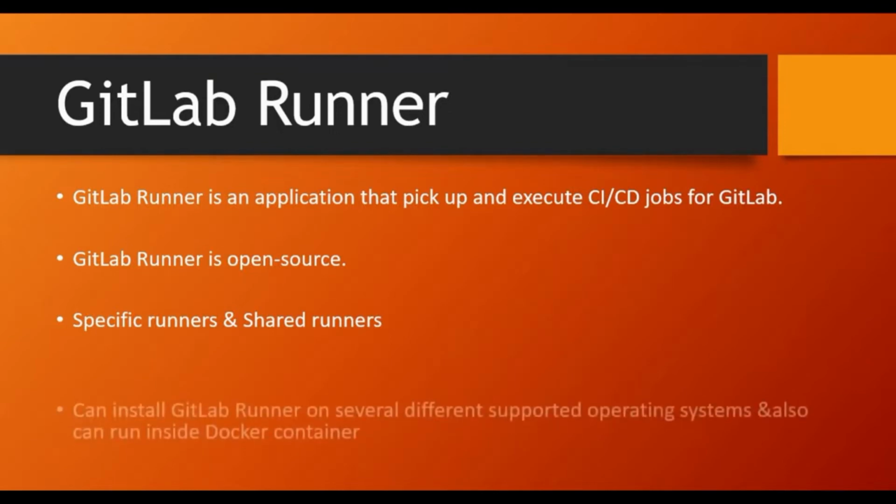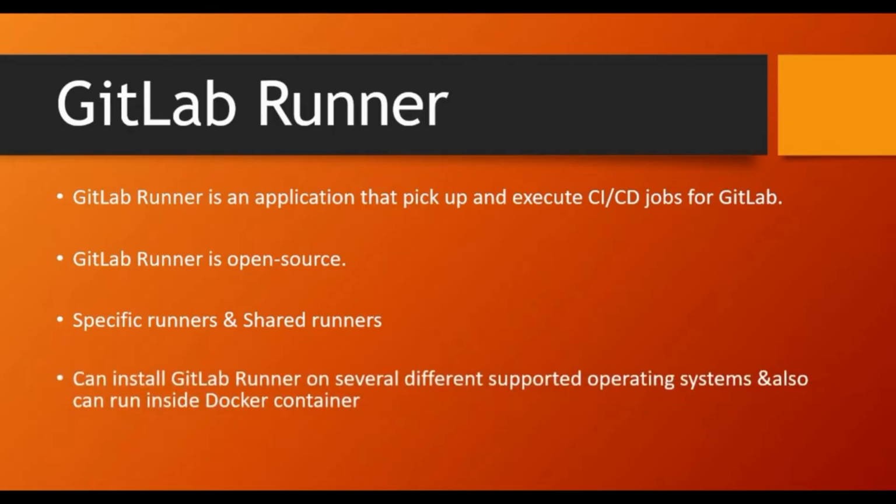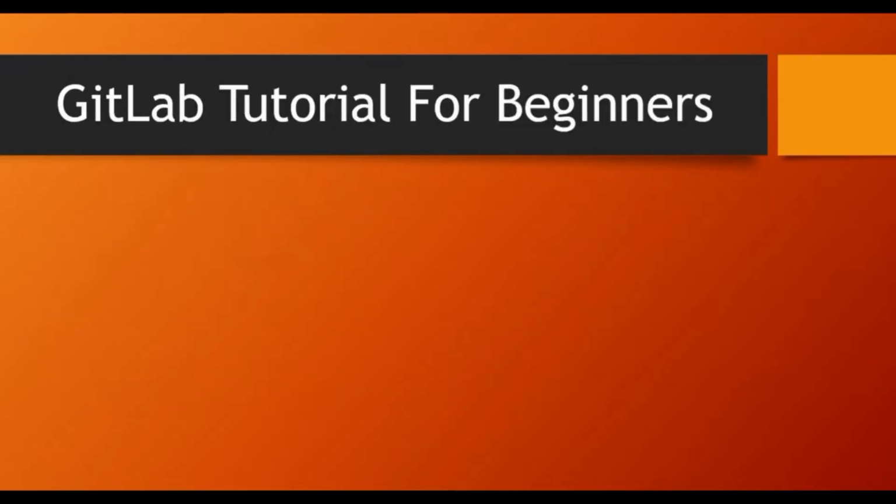You can install GitLab Runner on any kind of operating system, whether Windows or Linux, or it can even run inside a Docker container. That's some basic information on GitLab Runner; we will see more on the GitLab side. Let's move on to some more important information. In this tutorial we will be setting up GitLab Runner on a Windows machine.